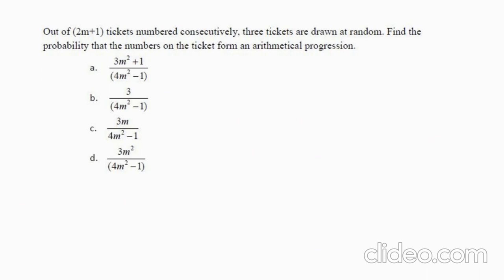What is given here is that out of 2m plus 1 tickets numbered consecutively, 3 tickets are drawn at random, and we want to find the probability that the numbers on the tickets are in arithmetic progression. So we have tickets numbered consecutively.